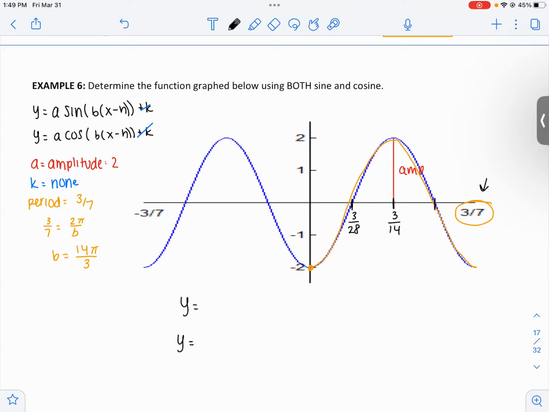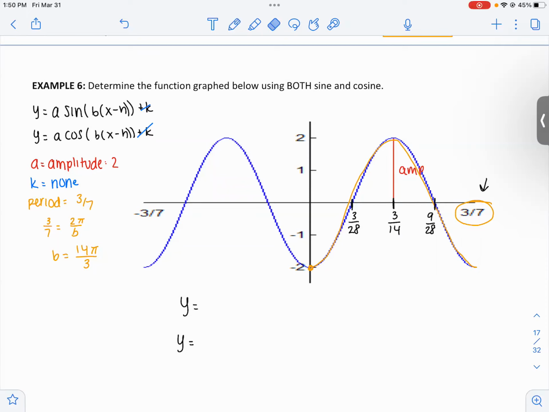And this one, you could go ahead and figure out 3/28 plus 3/14, or you could go ahead and triple this value. If I triple that 3/28, I would have 9/28. So I got all those intervals.